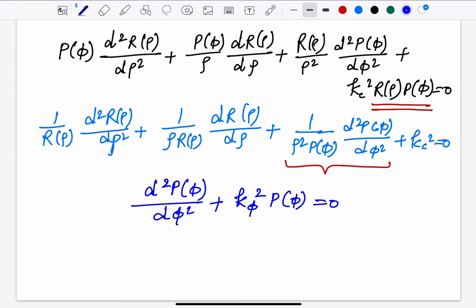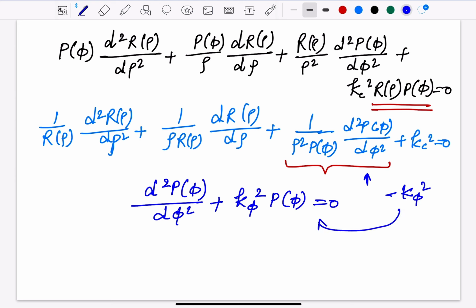Now if this is fine, we may recall once again the solutions that we did in the last time, correct? So basically in place of this, we consider this is minus k phi square, and then we have this equation.